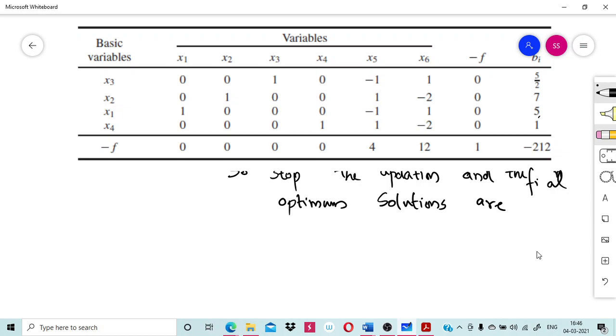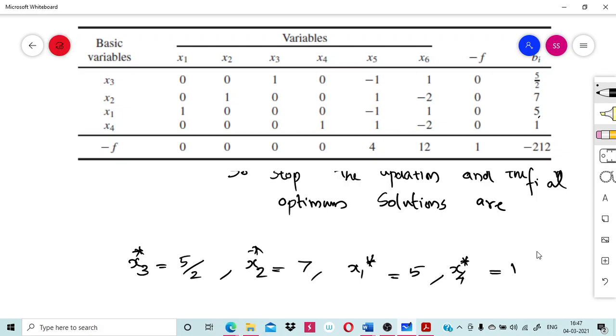We compare this basic variable column with the solution column, so that I get x3 equal to 5. These are star, that is optimum values. So x2 star will be 7, then x1 optimum equal to 5, then x4 optimum solution is 1. Right.